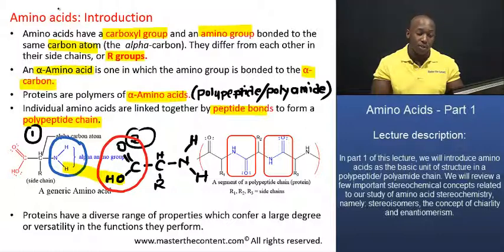So the amino group right here will lose a proton, and the carboxyl group of the other amino acid will lose a hydroxyl group, resulting in the elimination of water. And a new bond is essentially going to be formed between the nitrogen and that carbon right there.